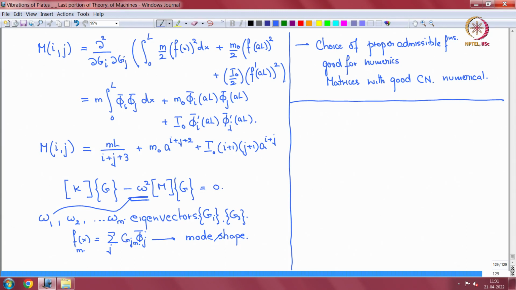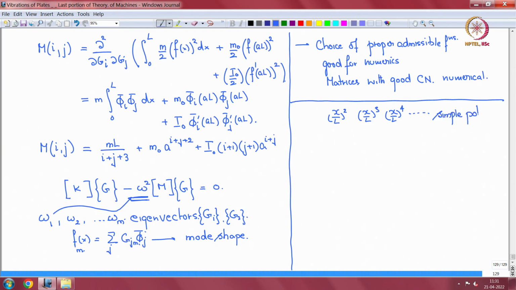Okay, and the reason being that these sort of functions that we use, x by L whole squared, x by L whole cube, x by L fourth, these are what we call the simple polynomials.